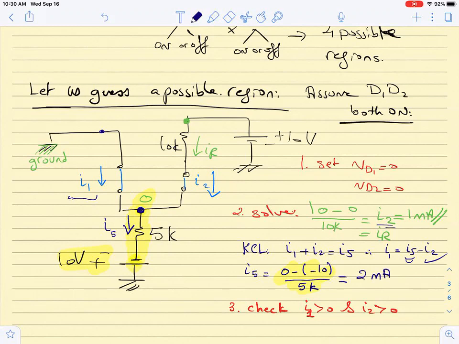Okay, therefore what is the value of I1? 2 minus 1, which is 1 milliamp.